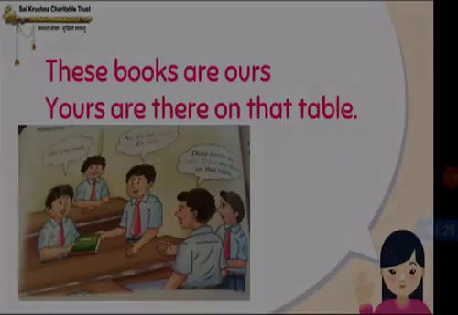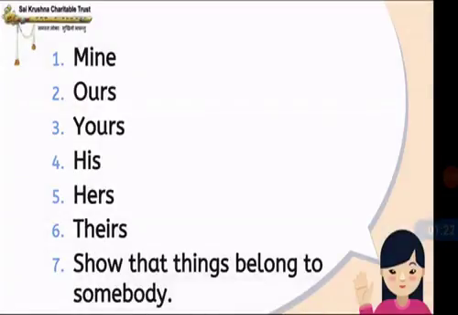You can see the words there: mine, ours, yours, his, hers, theirs. They show that a thing belongs to somebody. As you all know, pronouns show that a thing belongs to somebody or something. All this refers to that.